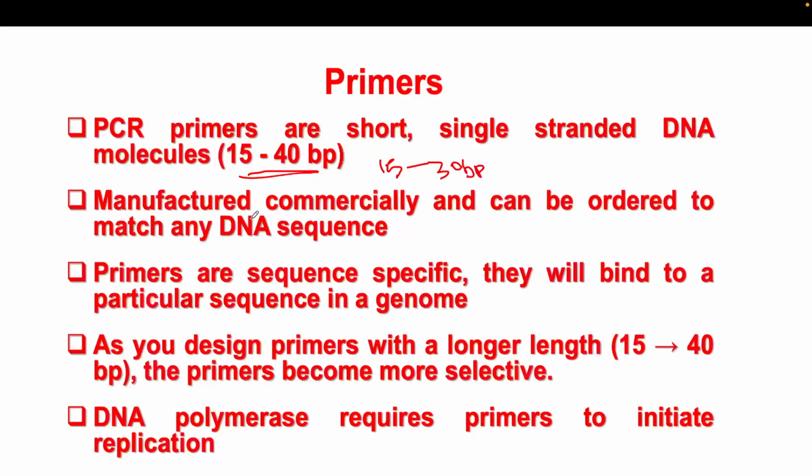Once you design the primer, you give it to a company, and the company will give you the synthesized primer. Whatever sequence you have given, based on that the company will synthesize that particular primer. Primers are sequence specific. They will bind to a particular sequence in a genome. As you design a primer with a longer length, going beyond 40 base pairs, the primer becomes more selective.